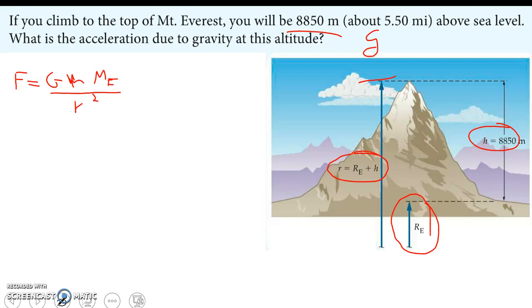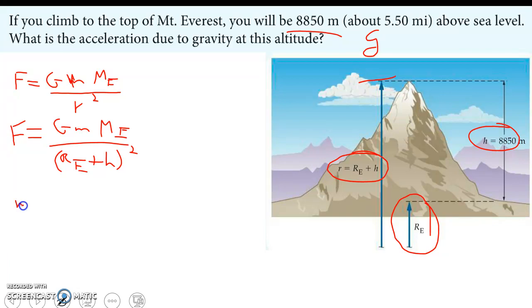Okay? So that's going to look like big G, little m, me, over the radius of the Earth plus the height, and all that squared. And luckily we know all those numbers. Going back to what we previously showed you, our force is mg, right?